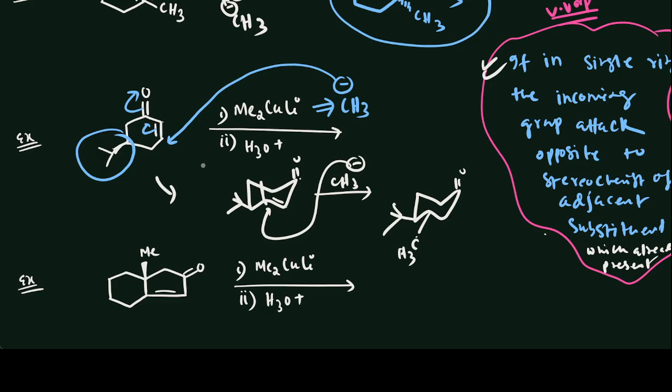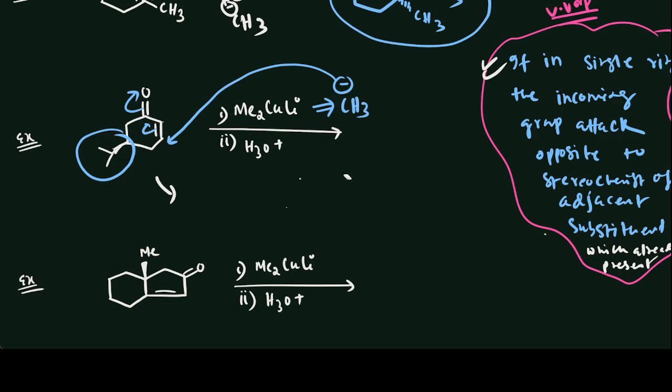If there are no other options, because a group is already present in the equatorial position, then it has to attack the axial position, even if 1,3 diaxial interactions happen, because in that case there is no other option. But most of the time, whenever a bulky group is present, it will attack the equatorial position to avoid 1,3 diaxial interactions.